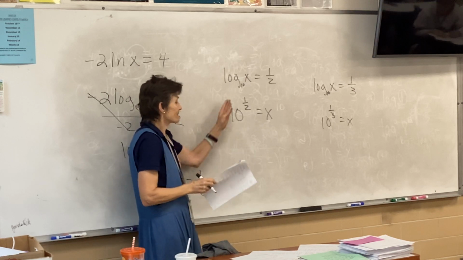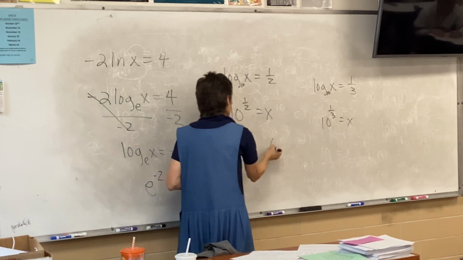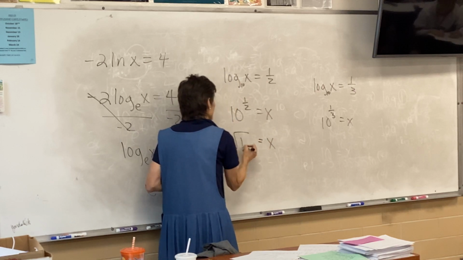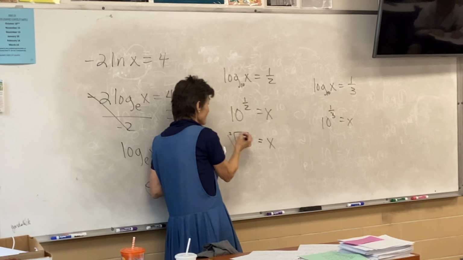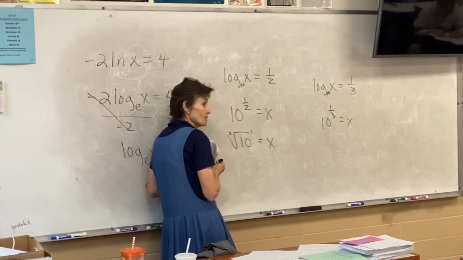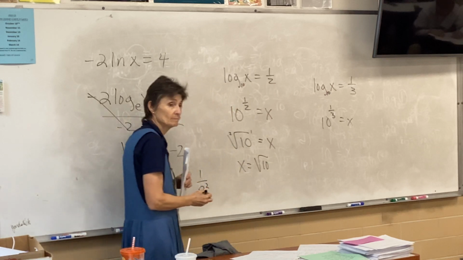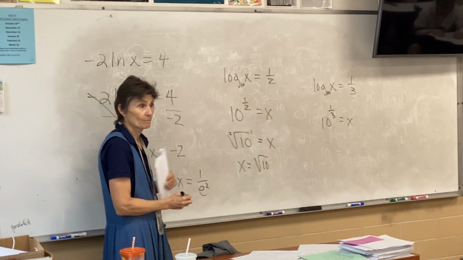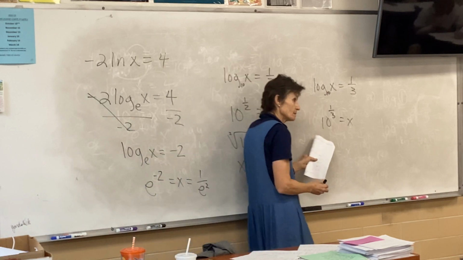What does this mean? You set it up in radical. It's a radical. And under the radical would be a 10. And this one would be a square root. So isn't the answer just the square root of 10? For this one? Well, what happens over here?